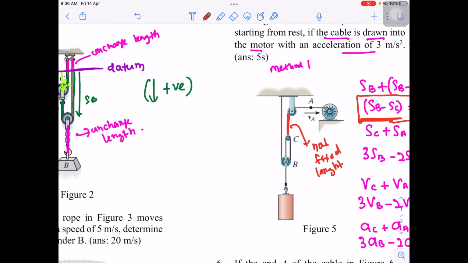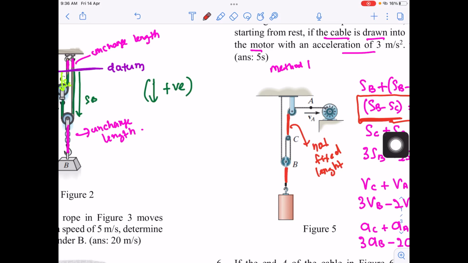Sebab when kita tarik motor ni draw up the cable, dia tarik kabel tu, mesti dia akan pendek kan? Mesti dia akan naik. Ikut logik pun kan, dia tarik tali ni, yang hoist ni, so ini akan naik lah. Naik, so pendek lah. So it's tak fix lah. Okay. Yang ini fix.